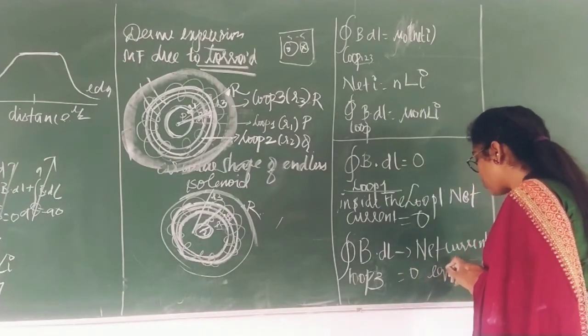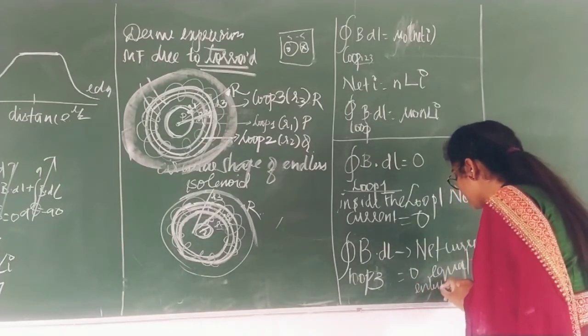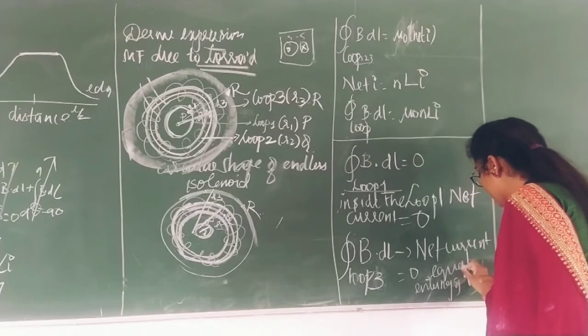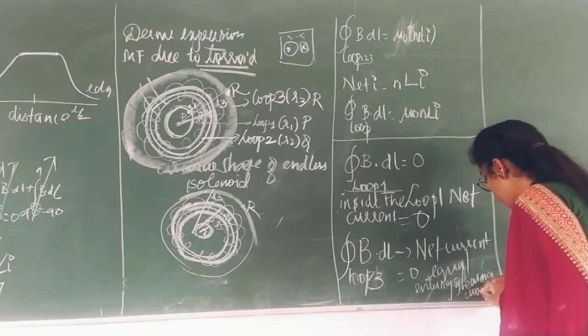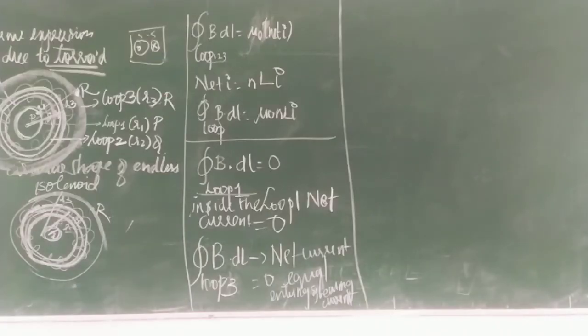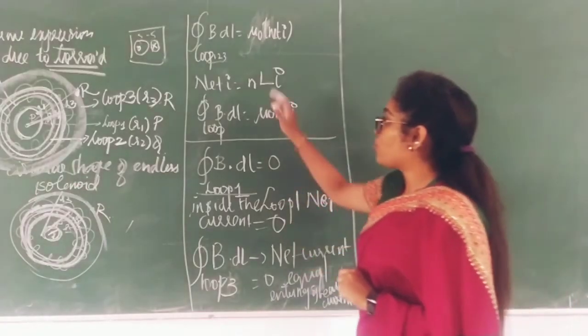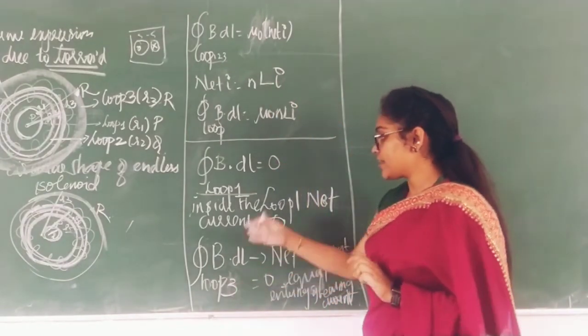We have equal entering and leaving current. So in loop 1, net is 0. In loop 3, it is 0.